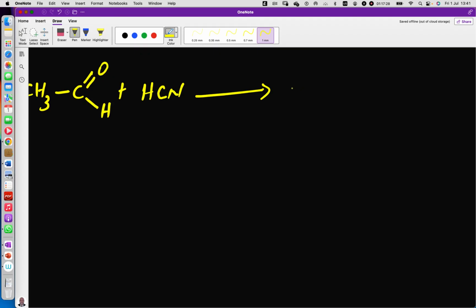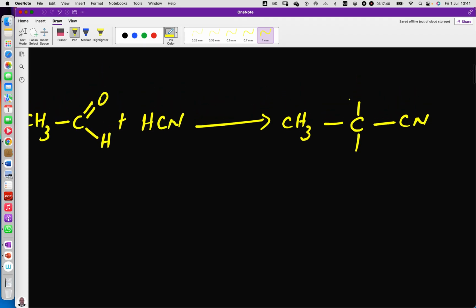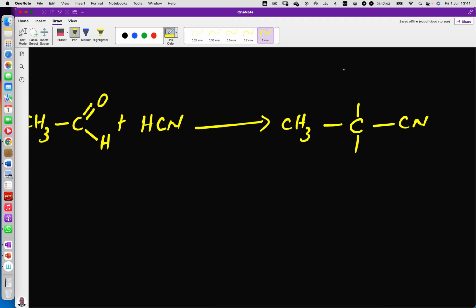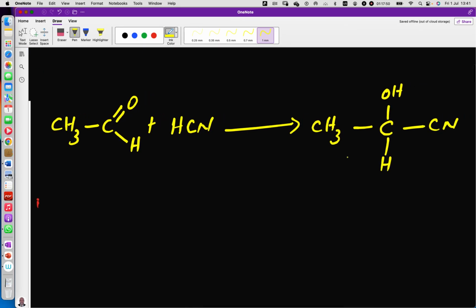This is the product, CH3. This is the hydroxynitrile. So when an aldehyde reacts with hydrogen cyanide, it is not the potassium cyanide. They all will react to produce this, and this one will break down to produce hydrogen and the cyanide ion.